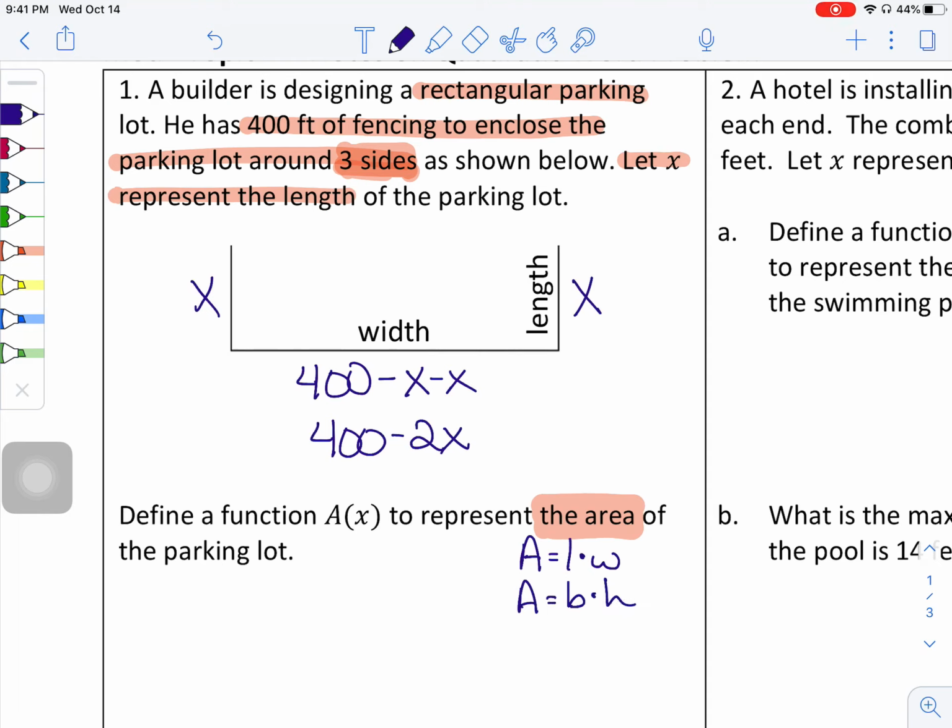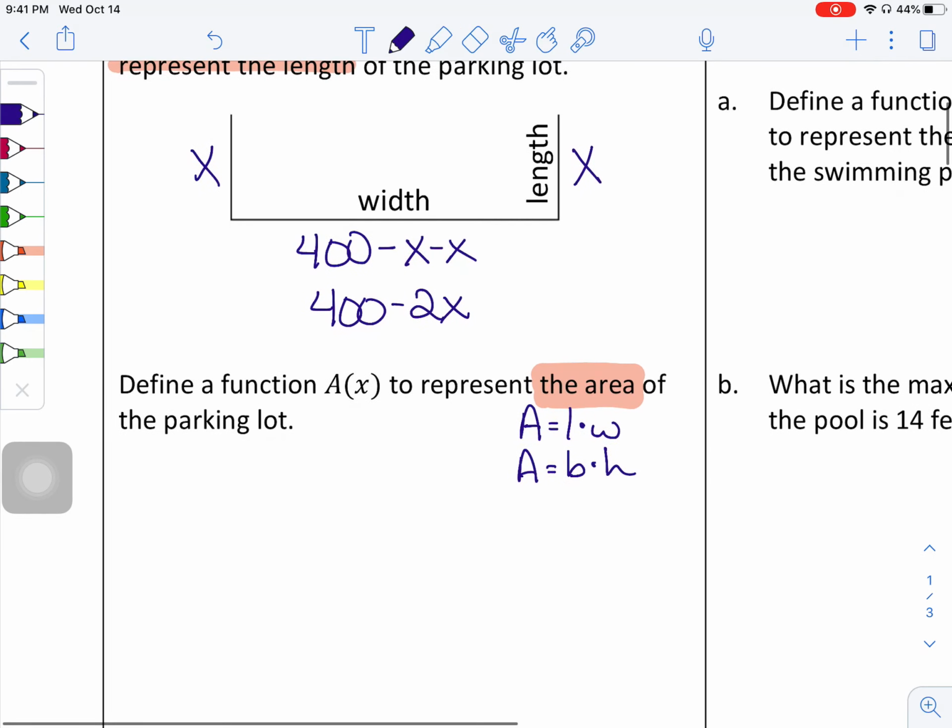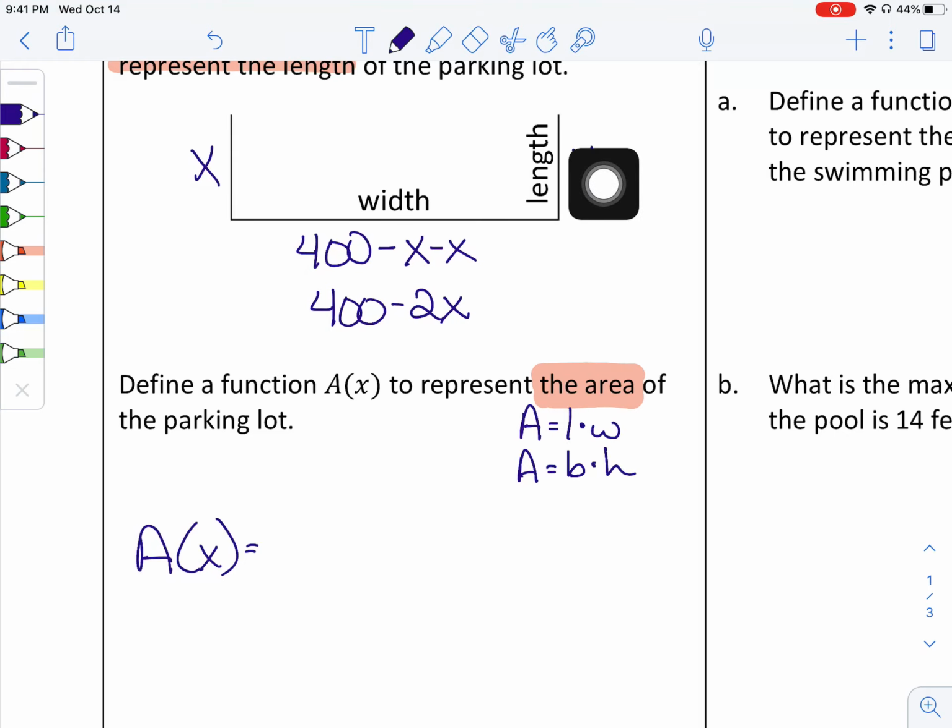Obviously, in this problem, it's length times width because those are the dimensions we're working with, but either one would work. So it says define a function A of x to represent the area of the parking lot. So I'm going to take my length here of x and multiply it times my width here of 400 minus 2x. So x times 400 minus 2x.